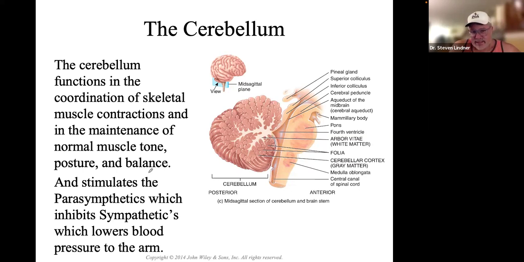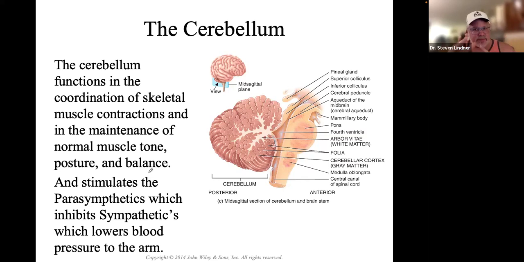But what it says here is that the cerebellum stimulates or sends messages to the parasympathetics. And when it sends information to the parasympathetics, which is the more calming system, right? Feed and breed, rest and digest, that inhibits the sympathetics.